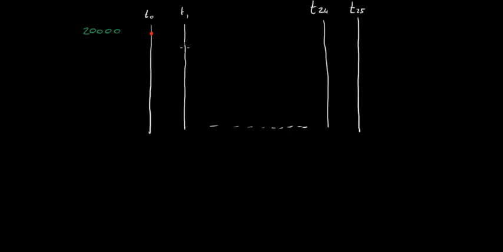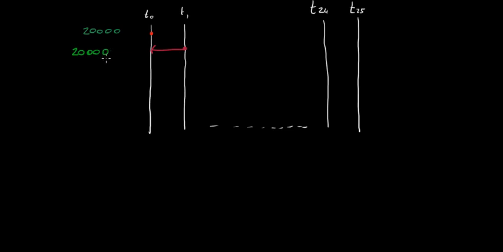Okay, so what's going to happen in a year's time is we need to find the present value of this amount. That's going to be 20,000 euros multiplied by 1.01, because you've got to increase this by 1%.